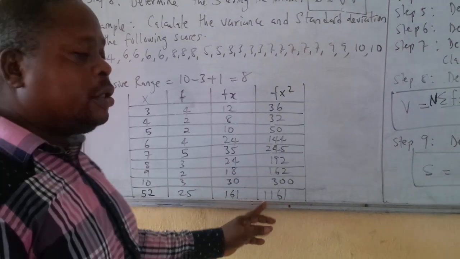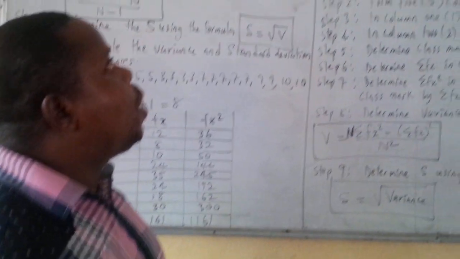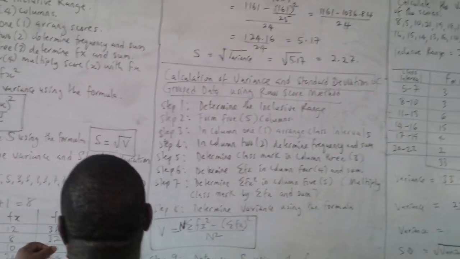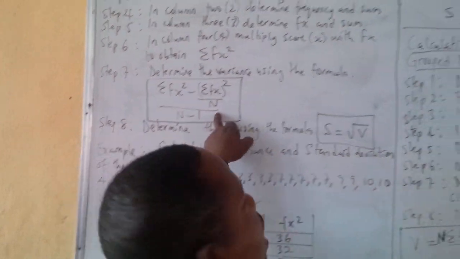If you add it together, it's going to be 1161. Now you apply the formula. See the formula in step 7. We have identified the formula. You apply that formula.